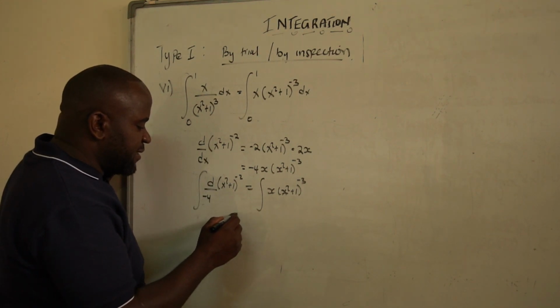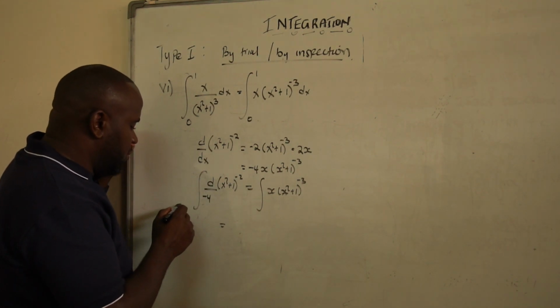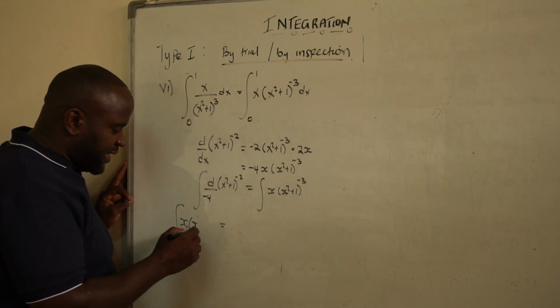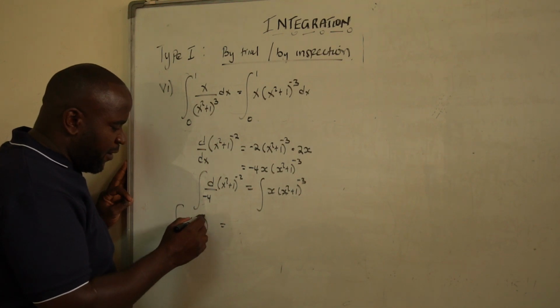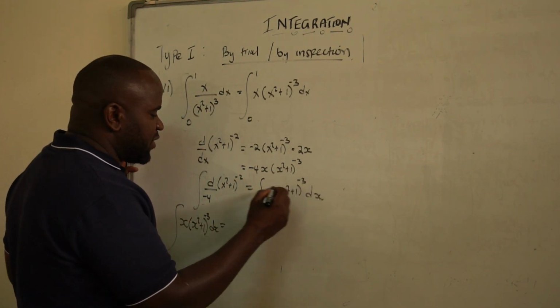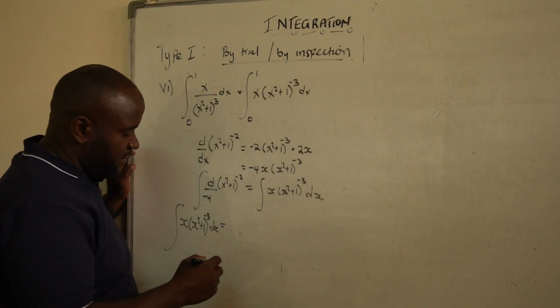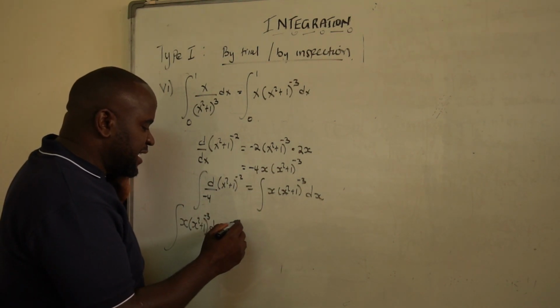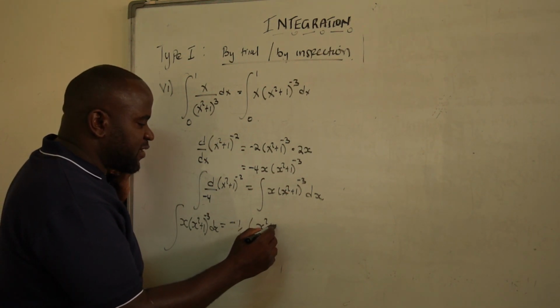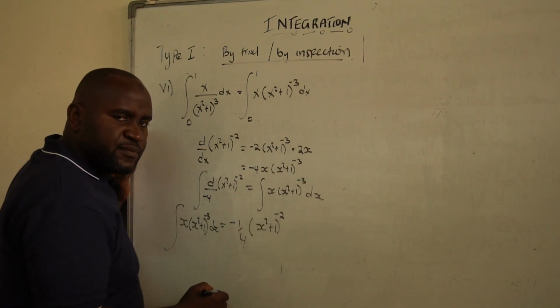This is going to realize the integral of x squared plus 1 power negative 3 with respect to x, because here there is respect to x as we made the x go the other side, is going to be equal to negative a quarter of x squared plus 1 to the power negative 2.